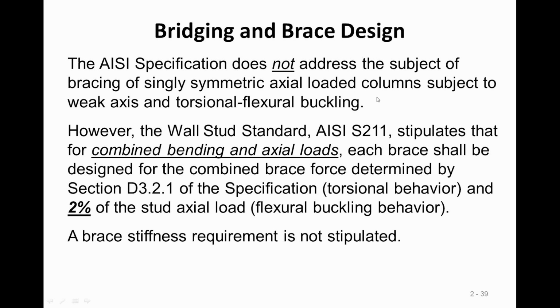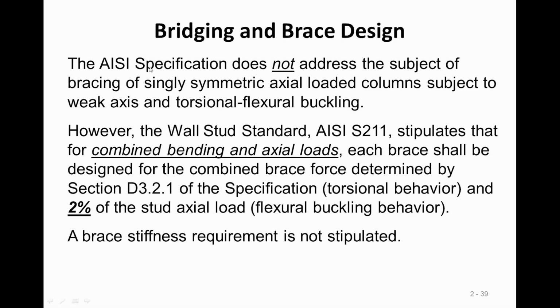So this would be my load-bearing stud system. In this system, if it's an exterior wall, it's going to see an axial load, and it's going to tend to want to buckle about its weak axis, or buckle in the plane of the wall. I'm also going to have some torsional flexural buckling of the section as well. It's going to bend.